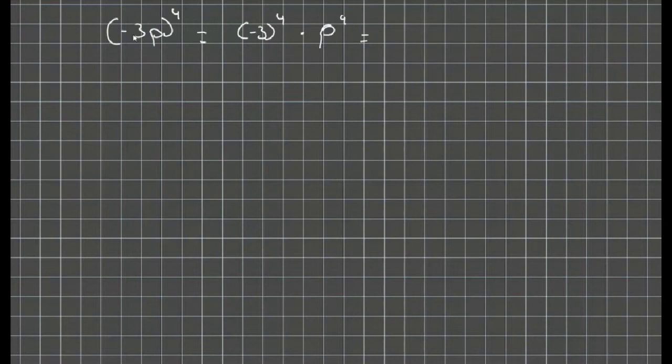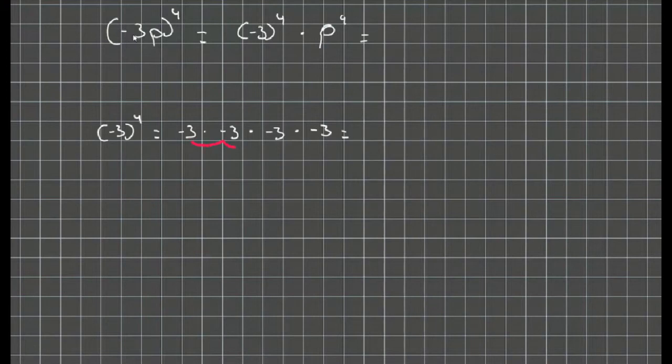Okay, so what is (minus 3) to the power 4 between brackets? What does that mean? Well, minus 3 raised to the power 4 means minus 3 times minus 3 times minus 3 times minus 3. Now I have an even amount of multiplying negative numbers, which means I get a positive number. Because if I multiply these two, I get a positive number.